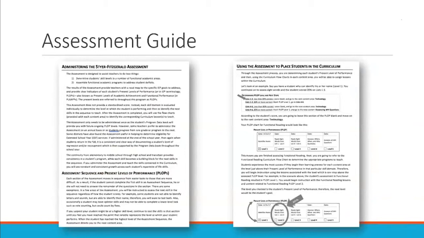I highly recommend reading this. We don't have time today to do that, but it's going to be very helpful to give you ideas about how you're going to do this in your classroom. It's just kind of forewarning you about things you want to think about and look at. So I highly recommend reading that.